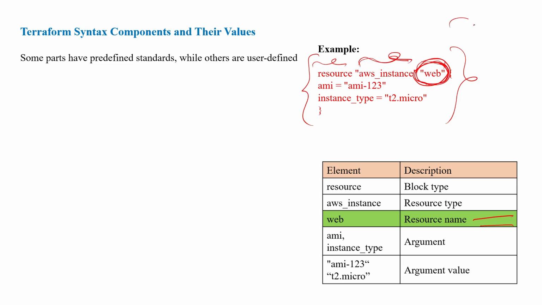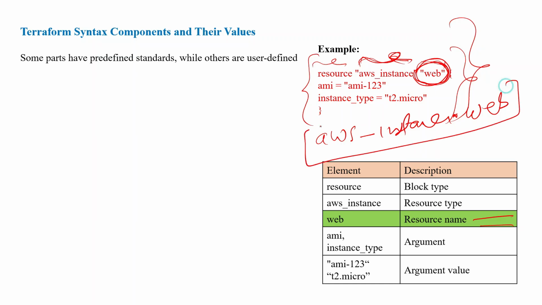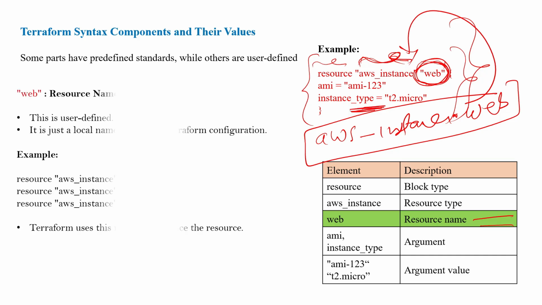So Terraform will identify this particular virtual machine in the state file as aws_instance.web. By this naming convention, Terraform identifies this virtual machine and maintains it in the state file.